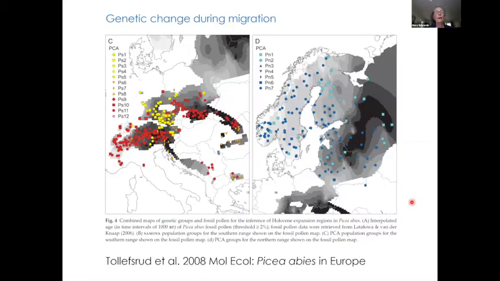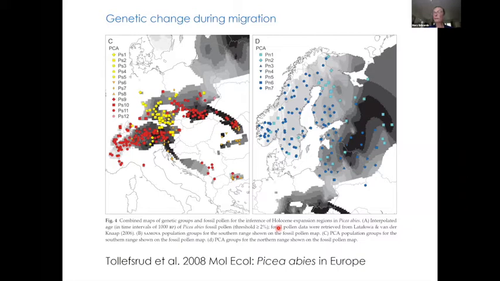So still staying in the north and staying with the post-glacial migration, this paper by Mari Metatallisfrud et al. looks in detail at genetic variation in Norway spruce, following, as shown here by this contoured color, the migration out of what were probably refugia in Russia or down in Mediterranean Europe, across to the limits of its current European distribution.